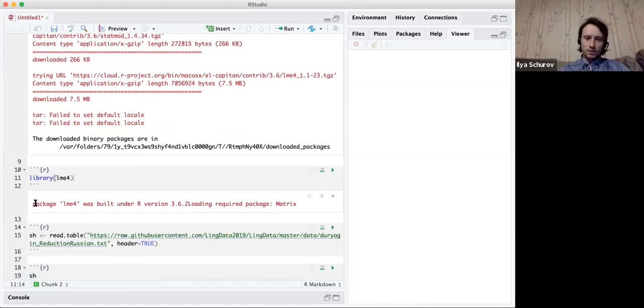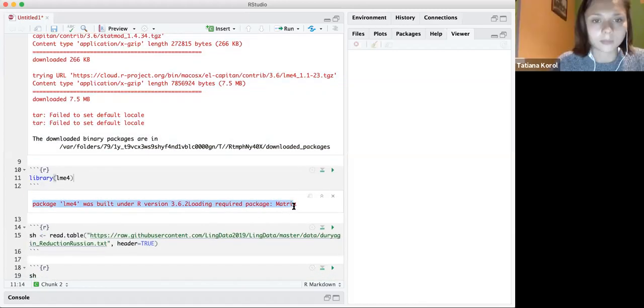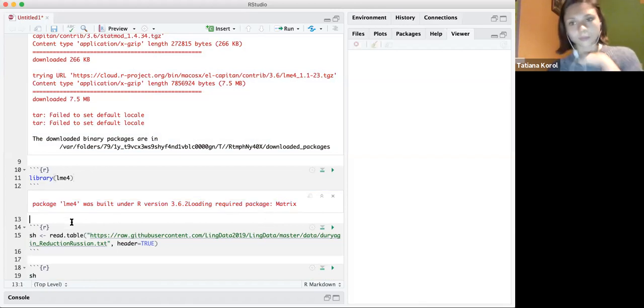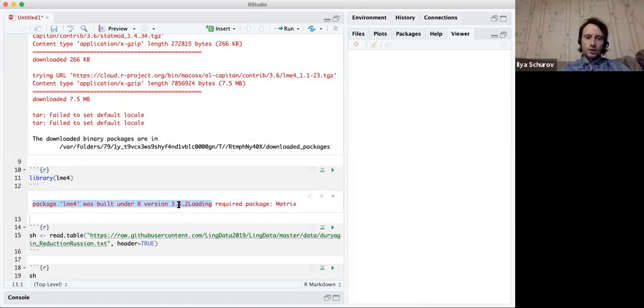That's okay. This is not an error. This is just a warning that it was built under a different version of R, and in most cases this is okay. This is just an additional message that it loads another package that it needs, but it is not an error. That's fine.